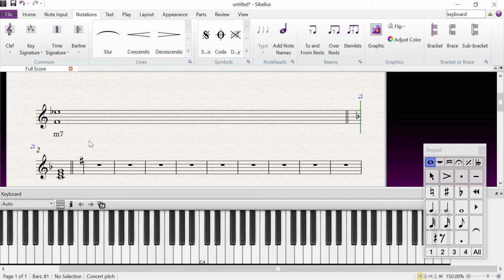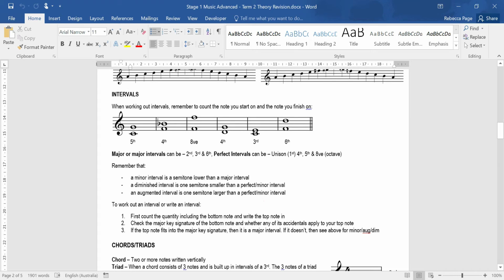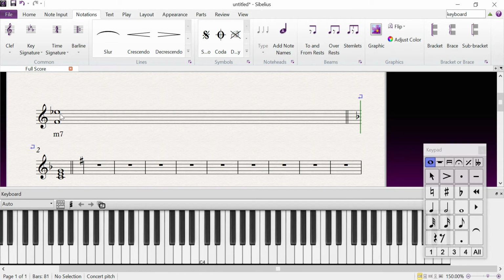If you have learned about augmented and diminished intervals, then keep listening. So let's have a look at what augmented and diminished intervals are. A diminished interval is one semitone smaller than a minor interval. So for example, this is a minor interval, so it's a semitone smaller than that.